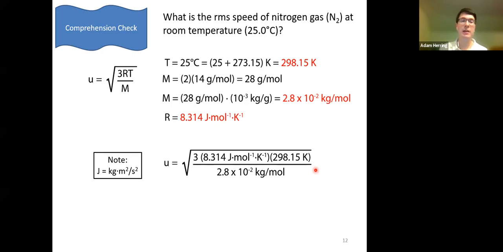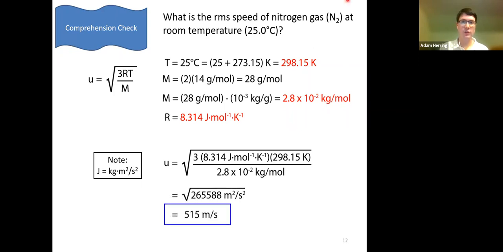Therefore, when we take the molar mass, it's going to cancel out the units of kilogram. So after we plug in all our values, you should verify that the units do indeed cancel out. And we're left with about 515 meters per second.